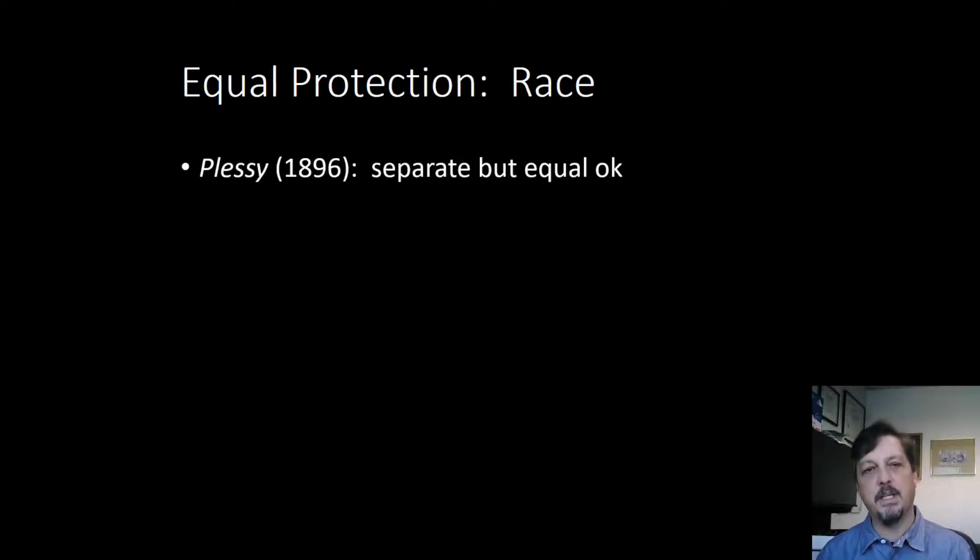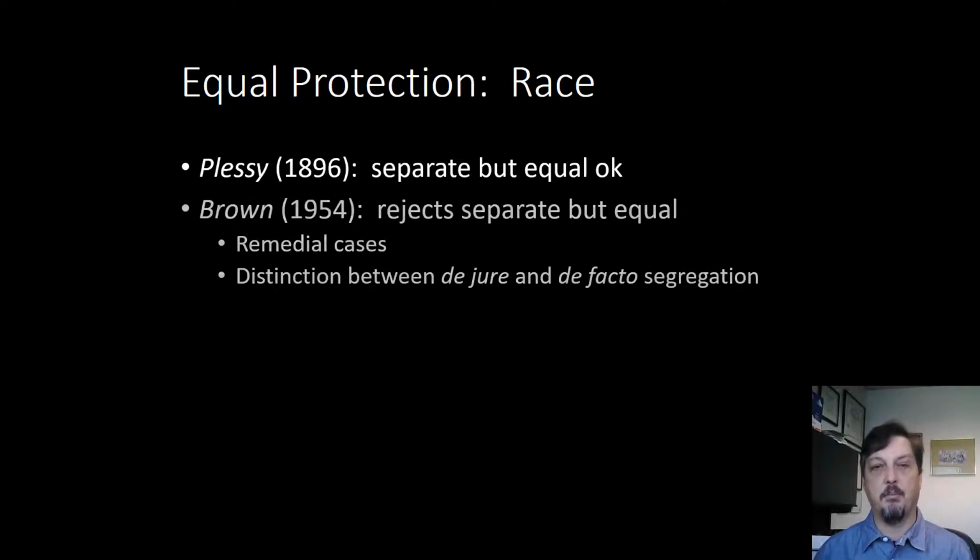Drilling a little bit into equal protection and race, we looked at the history of this. We saw the Plessy case saying that separate but equal is okay, and we saw Brown in 1954 in the education context reject separate but equal. As we looked through the history of Brown, we looked at the different remedial cases, so you should be familiar with some of those cases and the kind of remedies under Brown that the court upheld or didn't uphold.